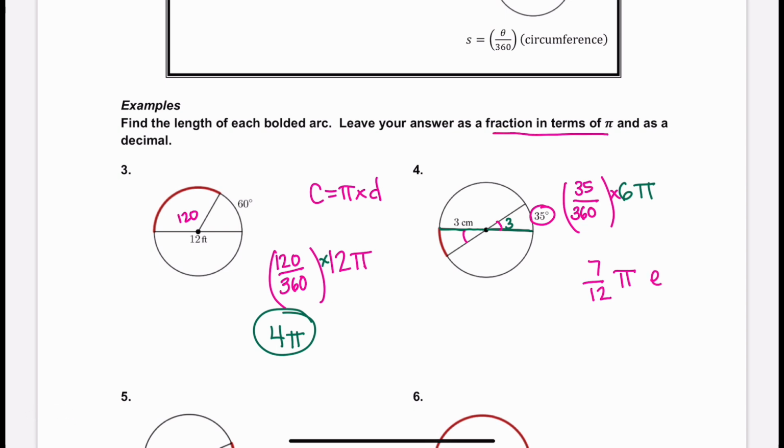Leave your answer as a fraction in terms of pi. This is an exact answer. It would be in centimeters. But we are also going to find a decimal approximation.